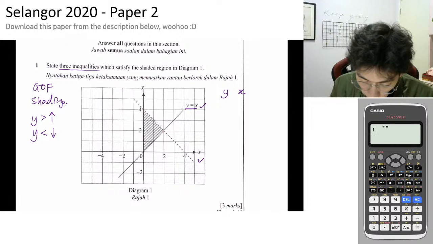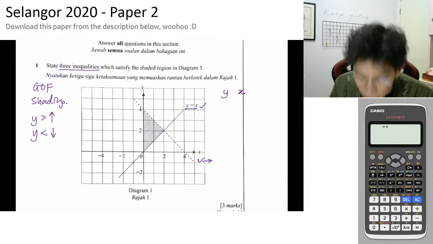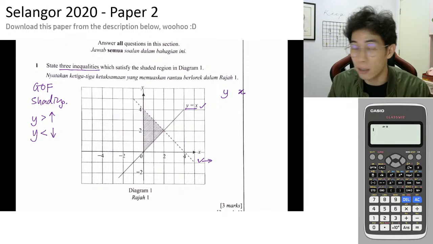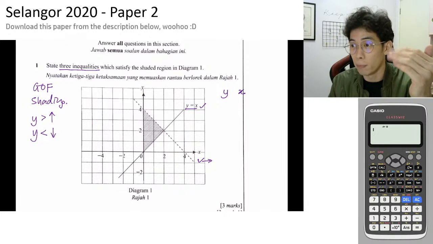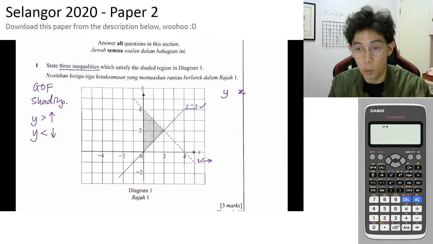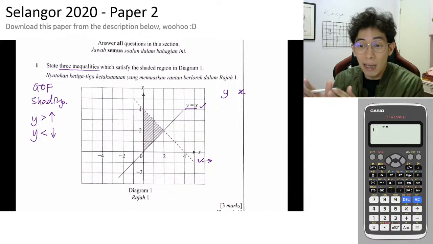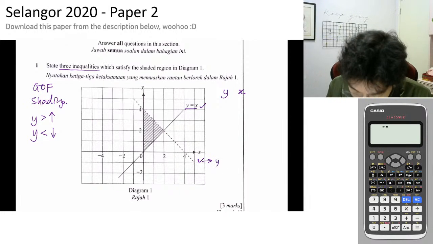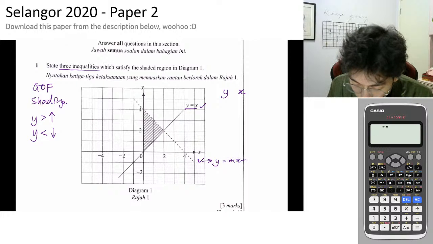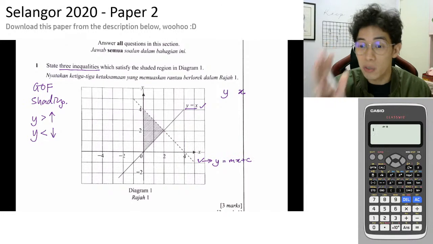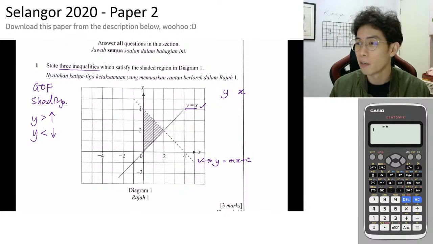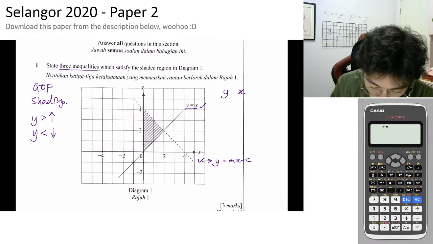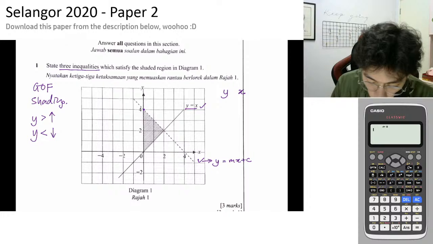I'm going to write this one separately a bit and show you how to handle it, everyone. Let me tell you again, please don't get scared when something unexpected comes out. So y equals to mx plus c. What is your m? Gradient. So I will take 2 coordinates.